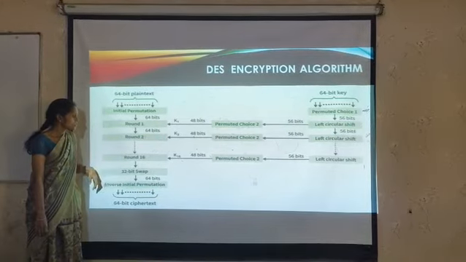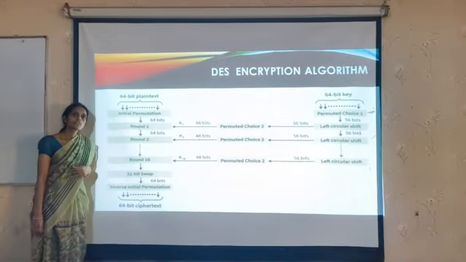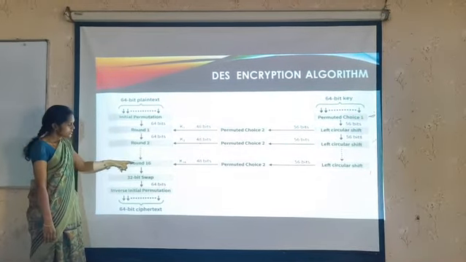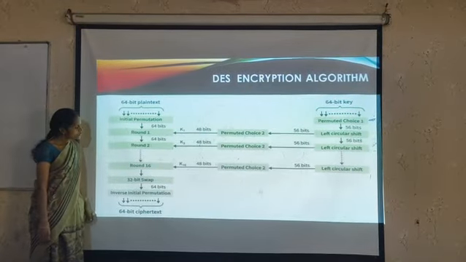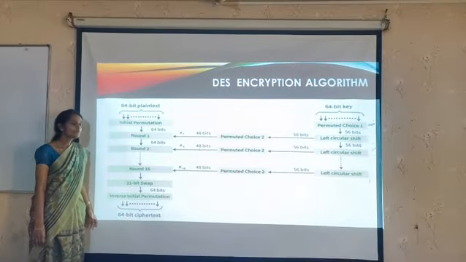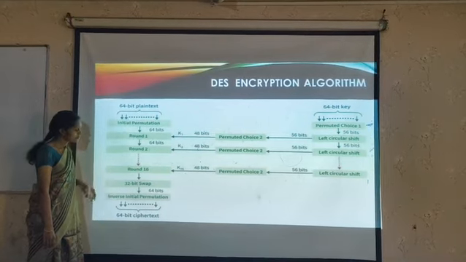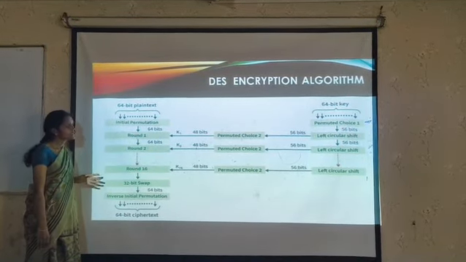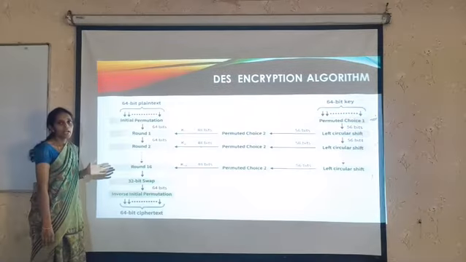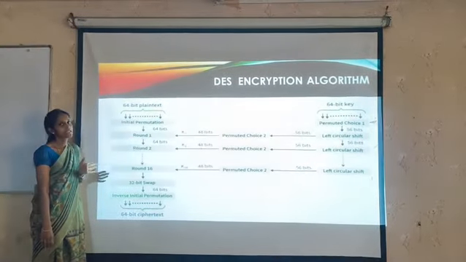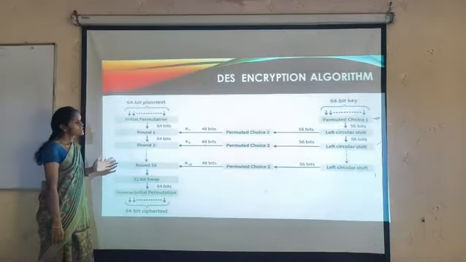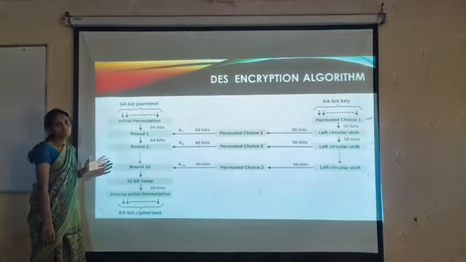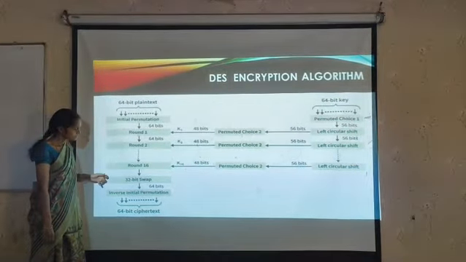After 16th round it will generate a 64-bit output, and that 64-bit output will be given to a 32-bit swap function where the 64 bits will be divided into 32 bits and 32 bits. Left hand side 32 bits and right hand side 32 bits, and that 32 bits will be swapped.